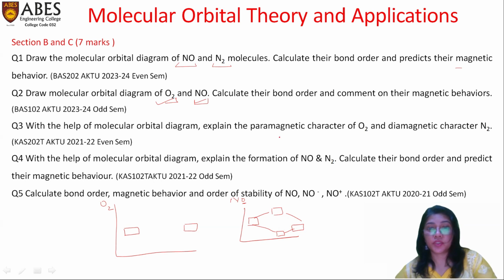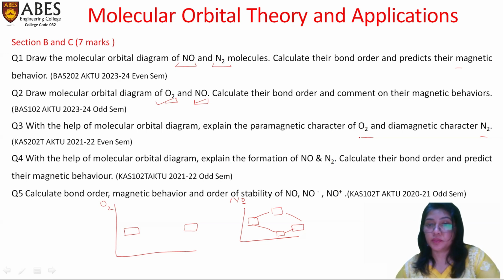Similarly, question number 3 asks to explain the paramagnetic character of O2 and the diamagnetic character of N2. This can be discussed by making the diagram of the O2 molecule and the N2 molecule. Both are homodiatomic molecules, so the atomic orbitals for both will be at the same energy level, and then we can check the highest occupied molecular orbitals.